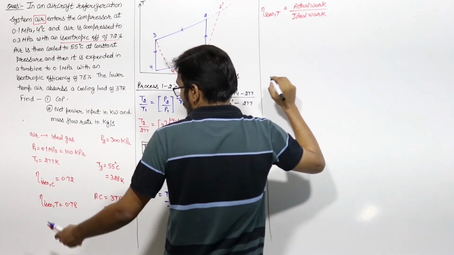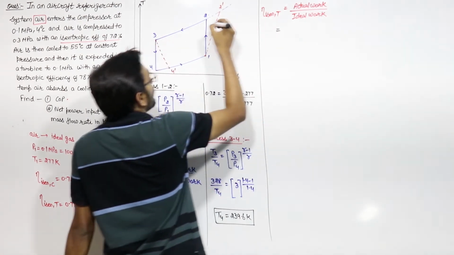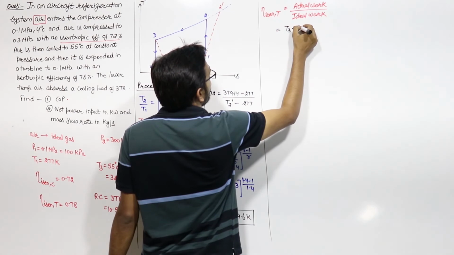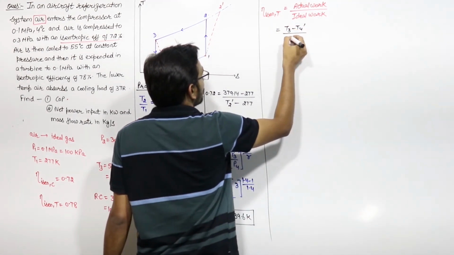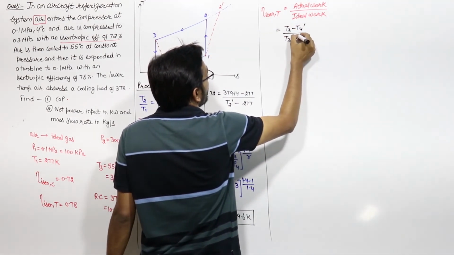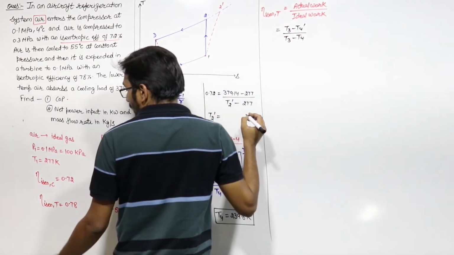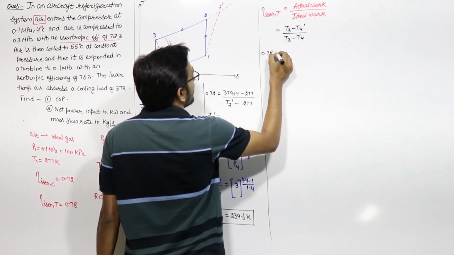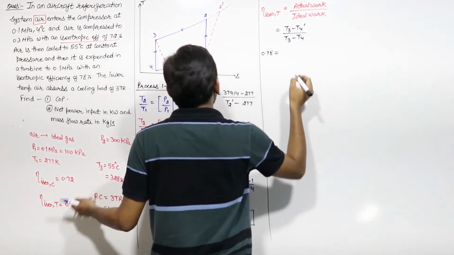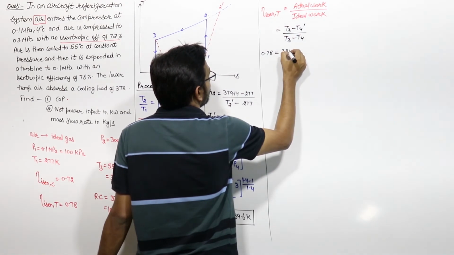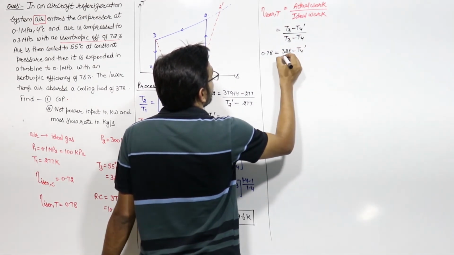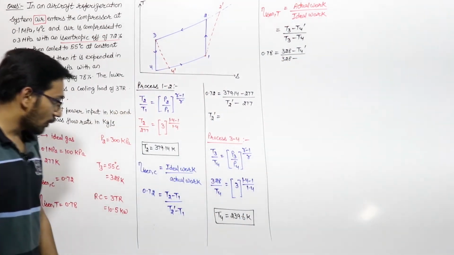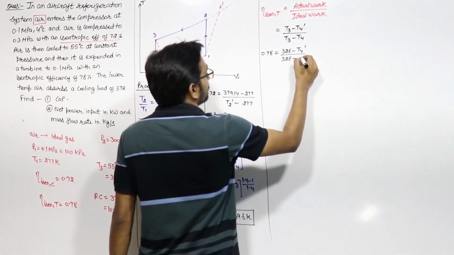Actual work is Cp into T3 minus T4 dash, Cp will cancel, and ideal work is T3 minus T4. Isentropic efficiency for the turbine is given 0.78. So 0.78 is equal to T3, that is 328, minus T4 dash, divided by 328 minus T4, 239.6.